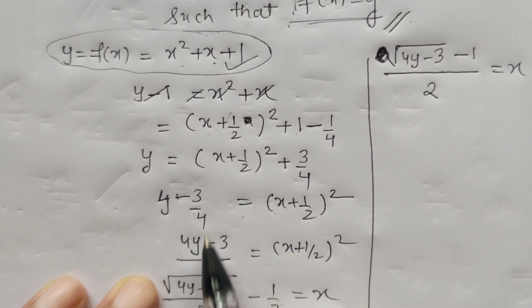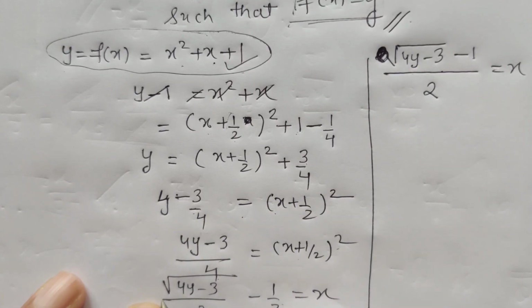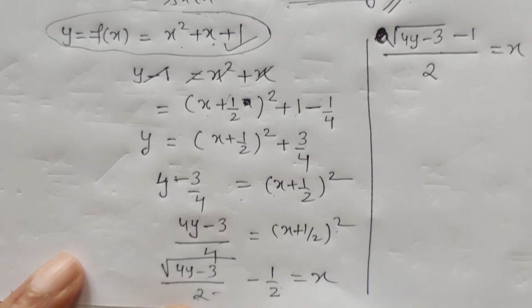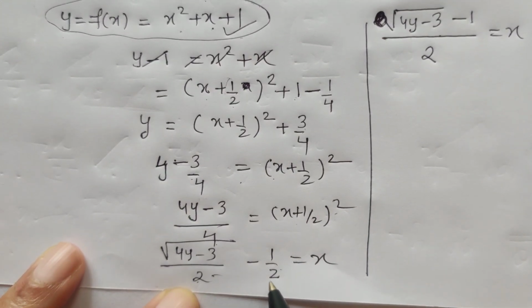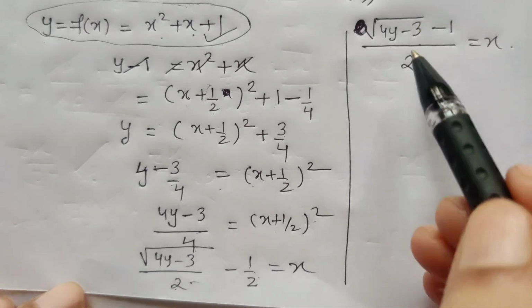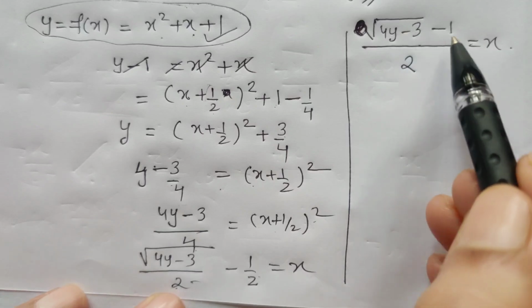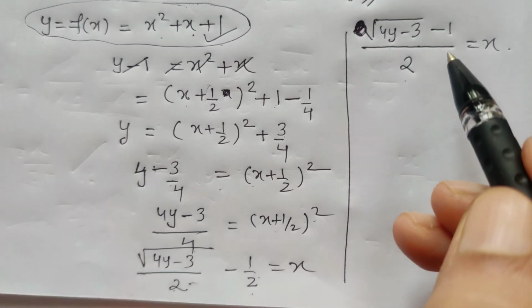And find the LCM: (4y − 3)/4 = (x + 1/2)². Take the square root, 2 is left in the denominator, and then this 1 by 2 is shifted to this side, so x = √(4y − 3)/2 − 1/2. And when we find its LCM, I get x = (√(4y − 3) − 1)/2, because both denominators are the same, we don't have to do much.